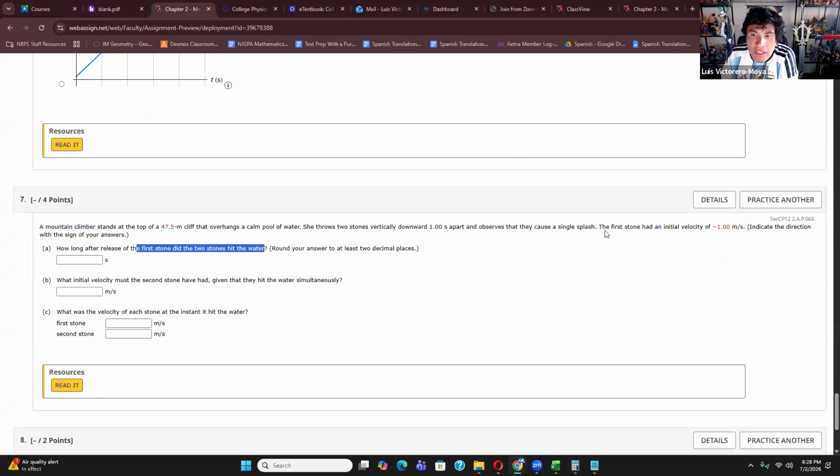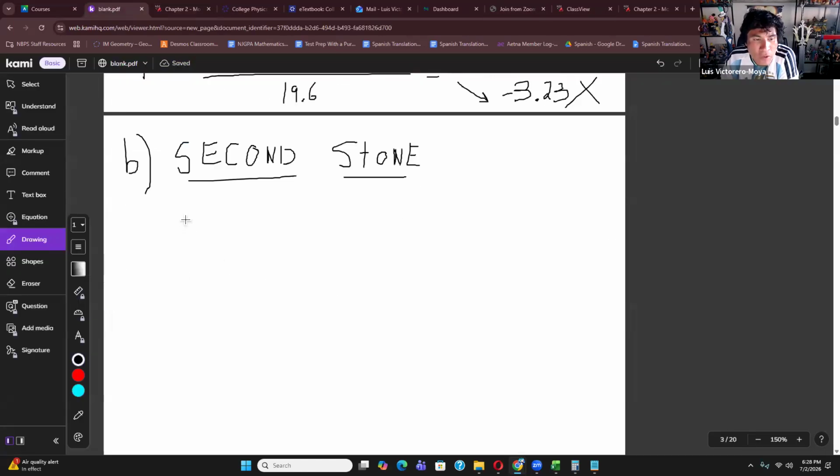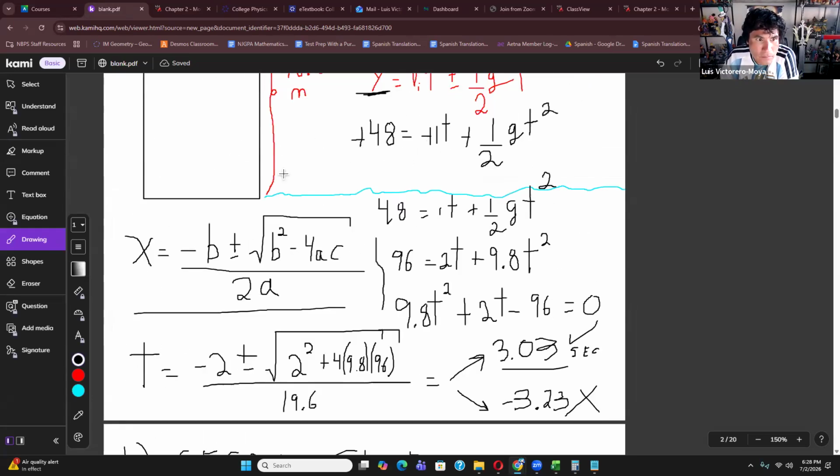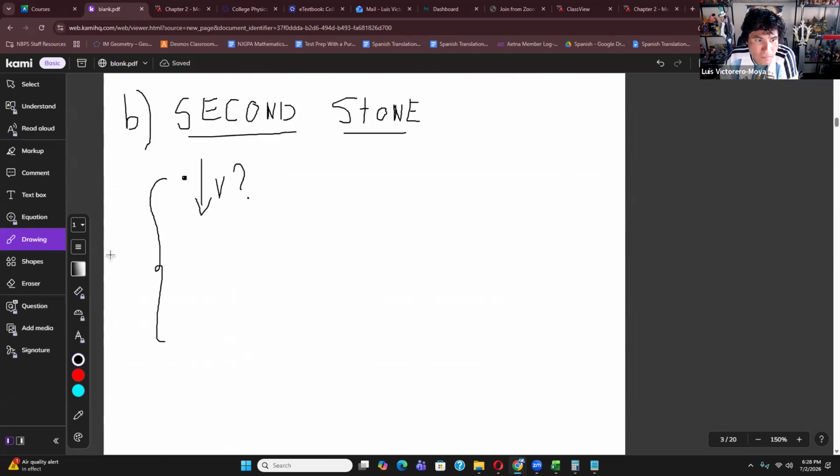And that's the time that both hit the water because it's a single splash. So even though the second stone was thrown 1 second later, they hit the water simultaneously. So that's why question B is asking you, what's the initial velocity of the second stone? That is what I want you guys to think. The second stone is going to be launched with some V. It's also going to travel 48 meters.